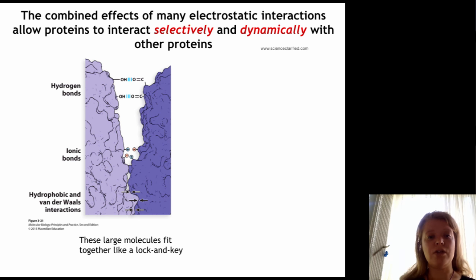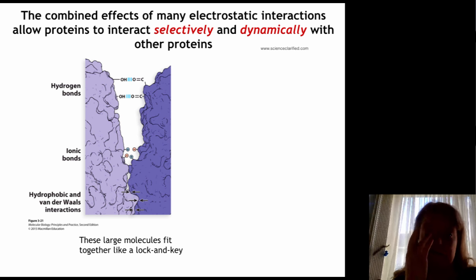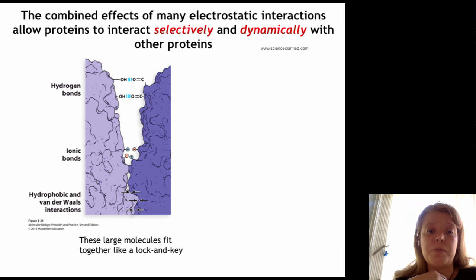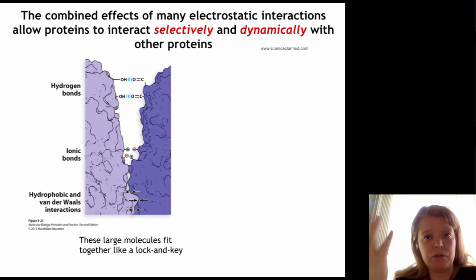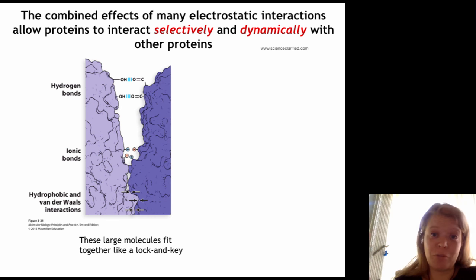So this image shows you the hydrogen bonds between the carboxyl groups and the OH groups inside a protein, the ionic bonds between, say, the arginine or lysine and glutamic acid side chains of an amino acid, of a peptide chain, as well as hydrophobic interactions between hydrophobic side chains of an amino acid, such as valine, leucine, isoleucine, phenylalanine, and all those big guys that have a lot of carbons and not that much oxygen.